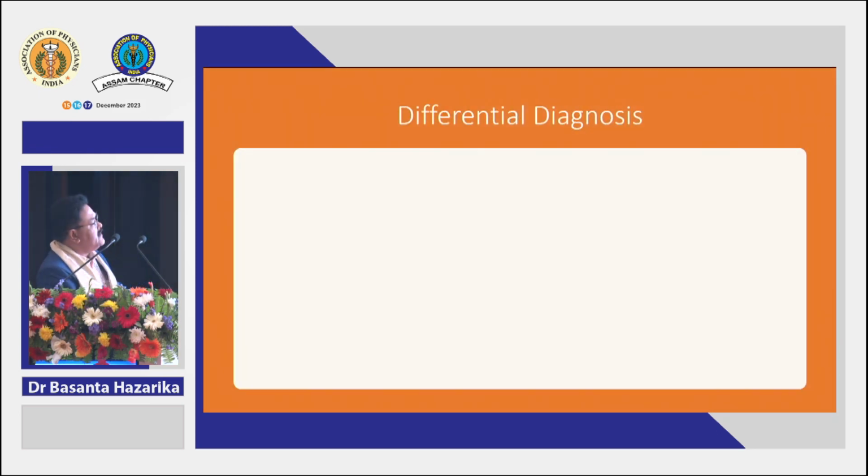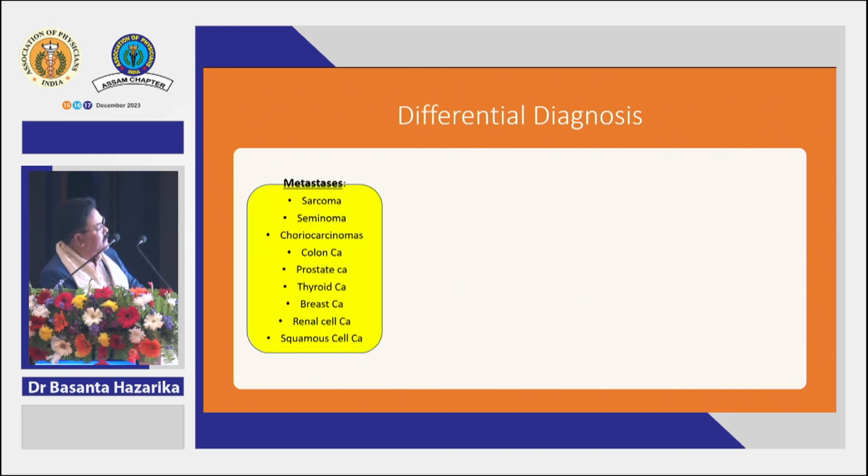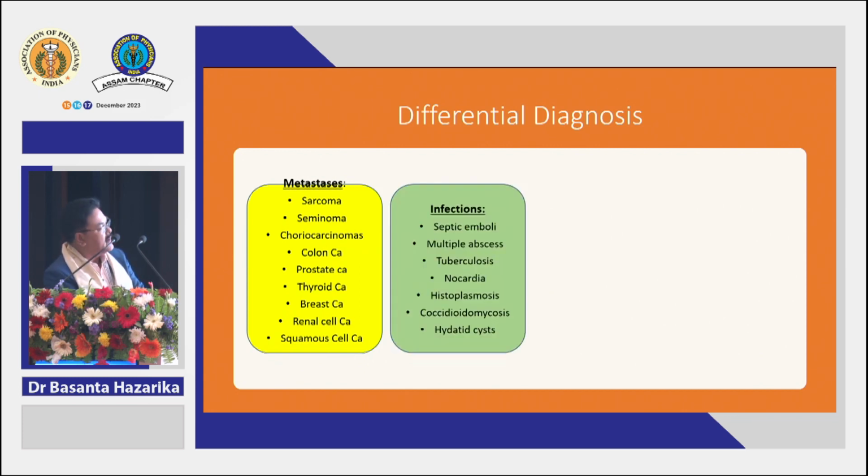So what may be the differential diagnosis of those cannonball opacities? There may be a long list of differential diagnoses. It may be metastatic, like from sarcoma, seminoma, choriocarcinoma, colonic, prostatic, thyroid, breast carcinoma, renal cell carcinoma, and squamous cell carcinoma of the lung.